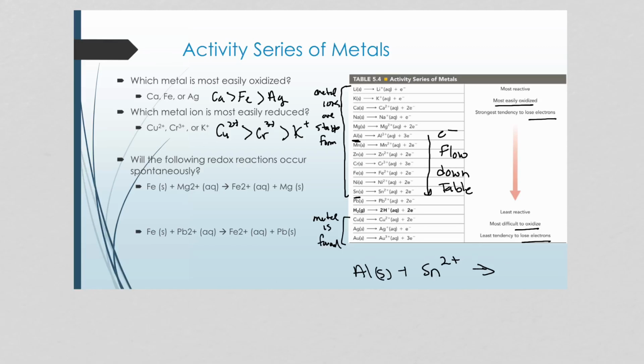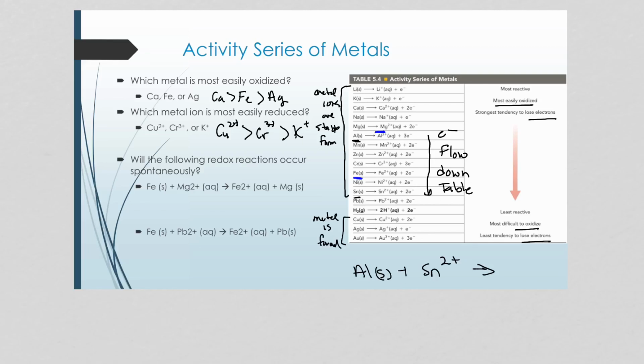So if we're talking about reacting a metal and a metal ion, the metal always has to be higher in the table than the ions that we're trying to give the electrons to. So let's look at the next one. We've got iron metal and magnesium 2 plus ions. We've got iron here and magnesium ions up here.